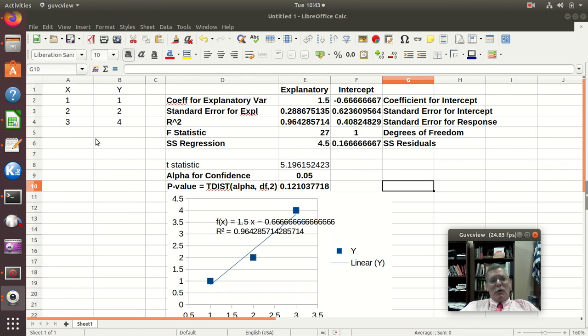Now if I had more data, sure, eventually, if it was this good, I would get a very small p-value. But it is very possible to have real life data with a very reasonable R squared, up around 50, 60, 70%, which is not bad, but then have a large p-value in which you would have to fail to reject the null hypothesis. So there we go. There's an example.